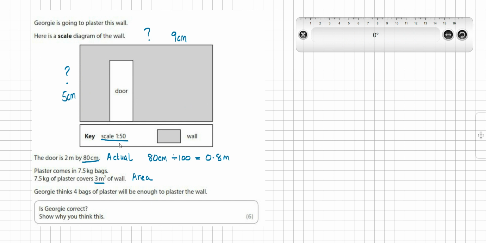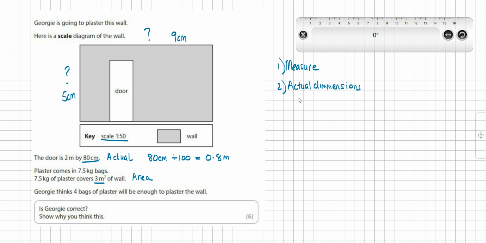Okay, so now we're making some progress. Now we have the measurements of our scaled down wall and we know what the scale is. So once we've measured it, we need to work out what the actual wall size is. We want to work out actual dimensions.